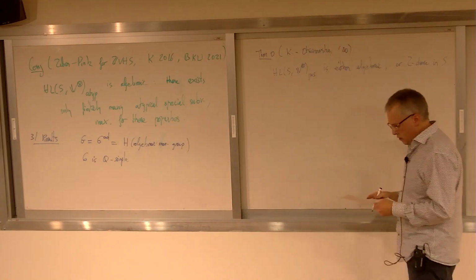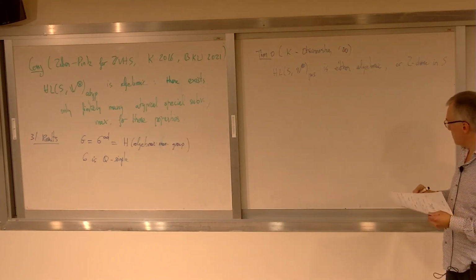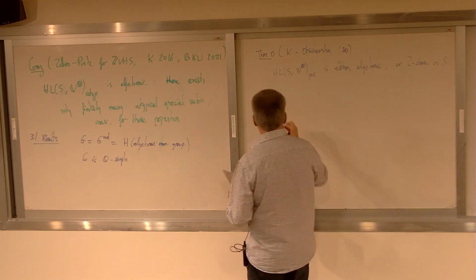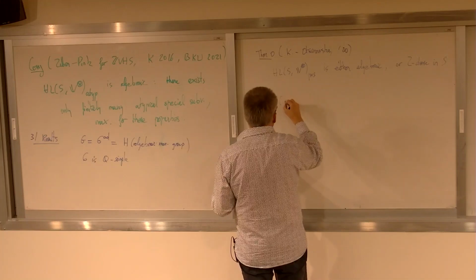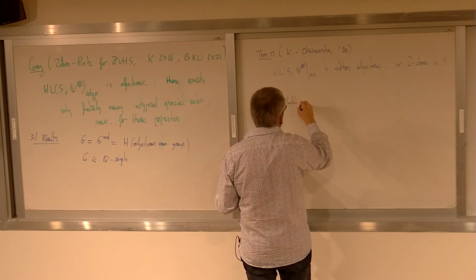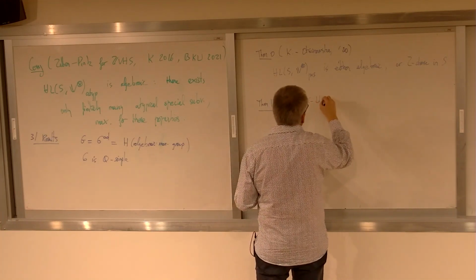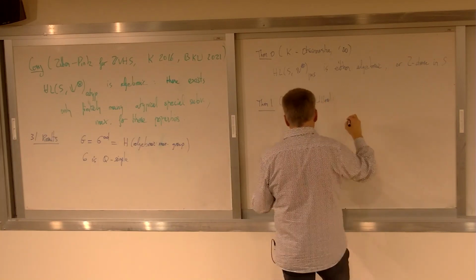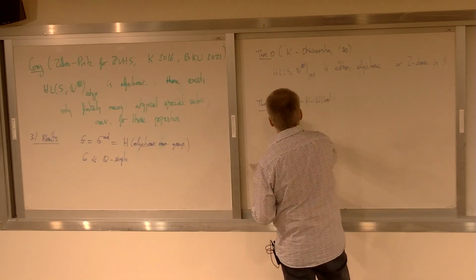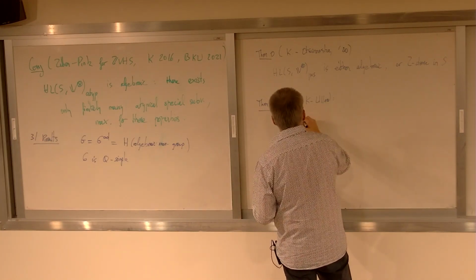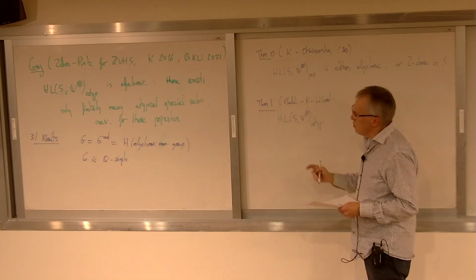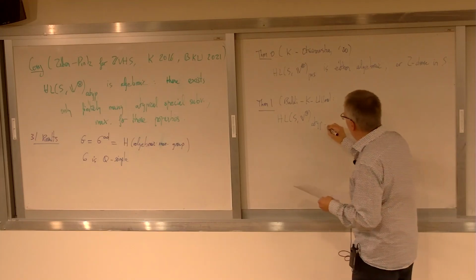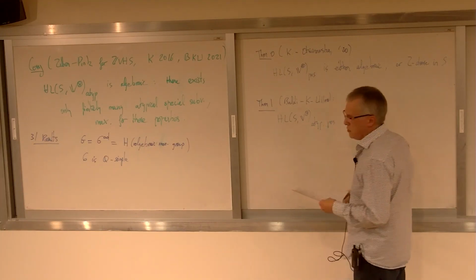Okay, so now let me state the recent results with Baldi and Ulmo. So theorem 1. It says the following: if you look at the Hodge locus of S, now I take the atypical locus, this is the one I'm interested in for this conjecture, and now I take only the positive period dimension components.